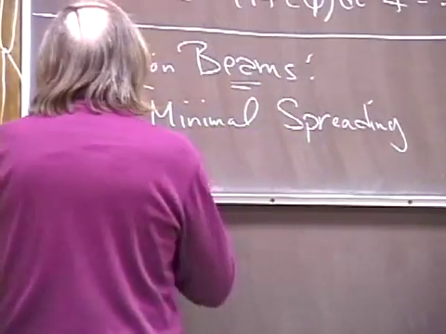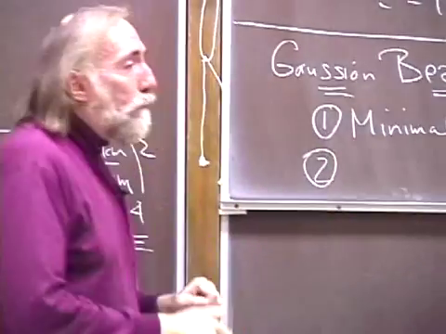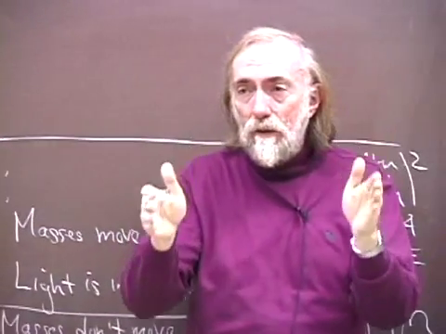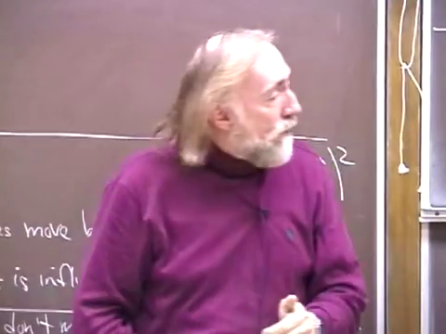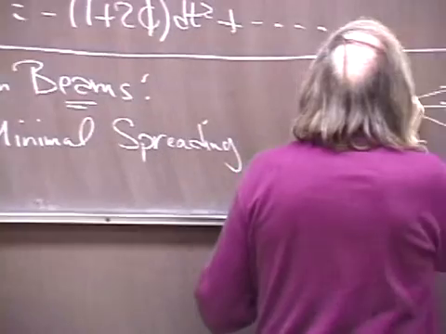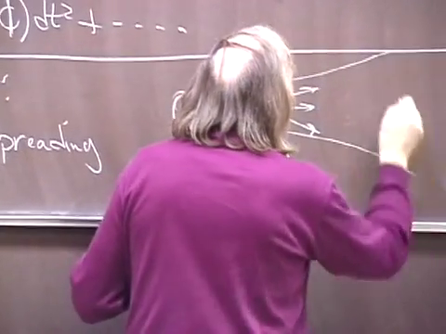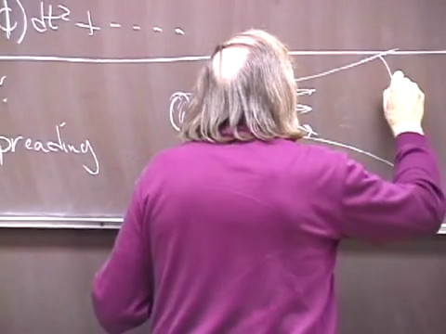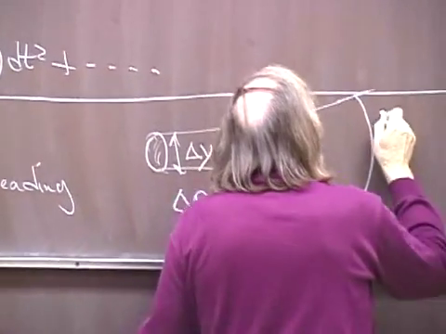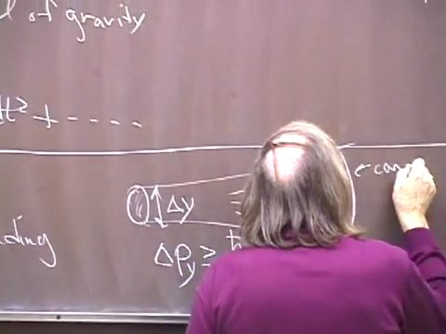The second property it has is that the phase fronts are spherical. They're pieces of spheres. So that as a beam goes along, with initial size like that, and spreads, the surfaces of constant phase are pieces of spheres. So this is constant phase.